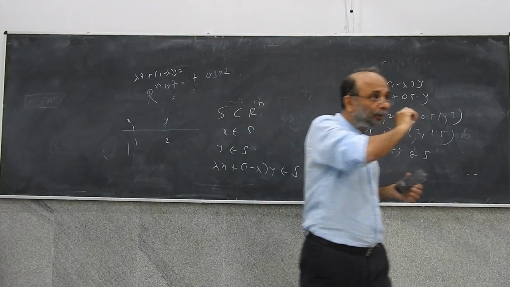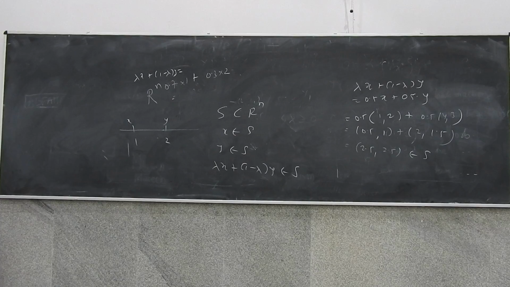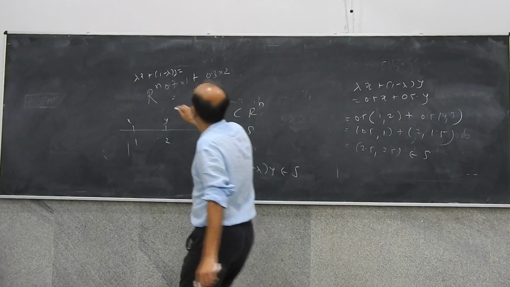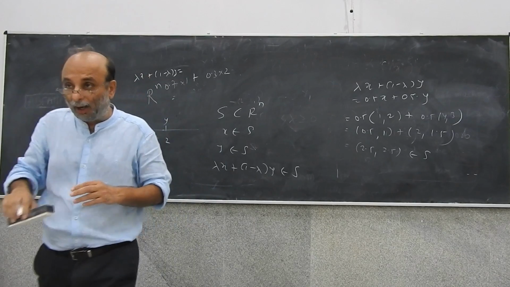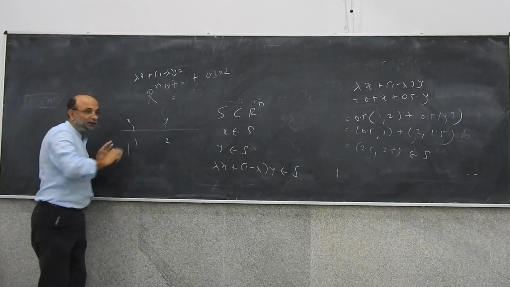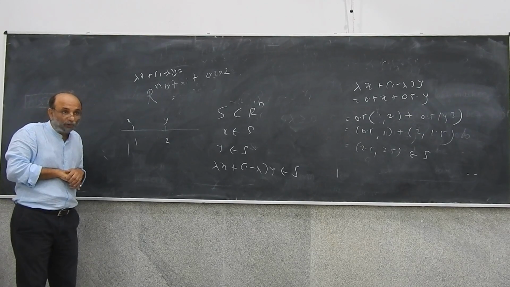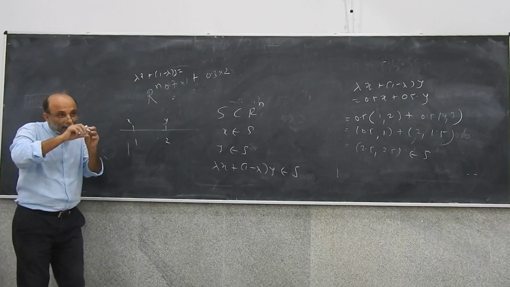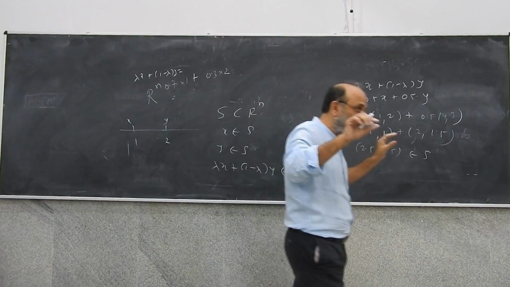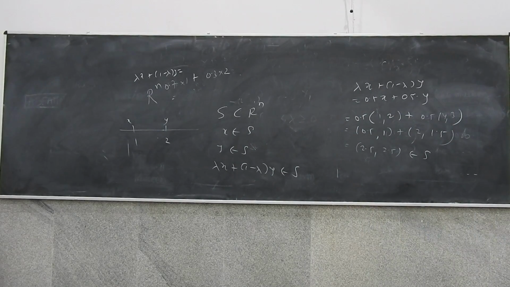If you choose some other lambda, you get some point between 1 and 2. So the point is, the set of points lambda x plus 1 minus lambda y are actually nothing but all the points joining x and y. If lambda is equal to 0, you get y. If lambda is equal to 1, you get x. And by choosing lambda appropriately, you can get any point between x and y. So basically, the set of linear combinations of x and y, for example in R1, is nothing but the set of all points between x and y. In R2, what would this be?